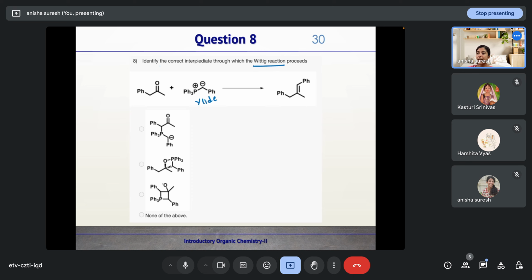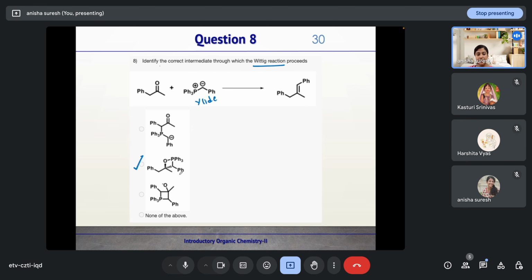So what is the intermediate for this reaction? Option B. Option B is the right answer.